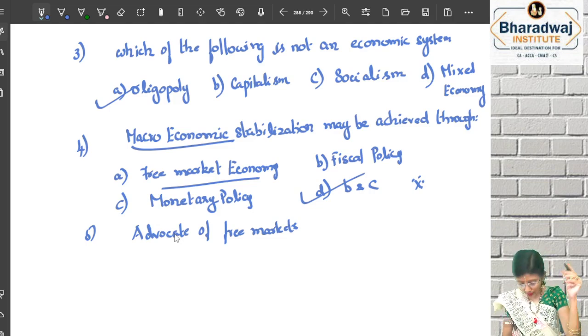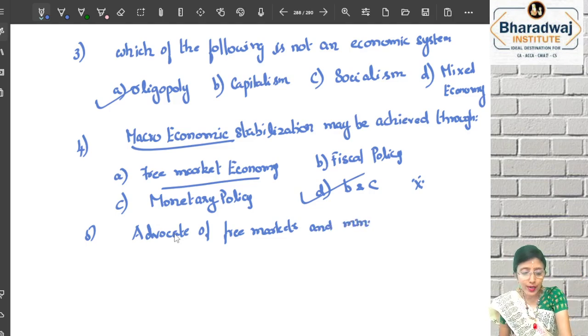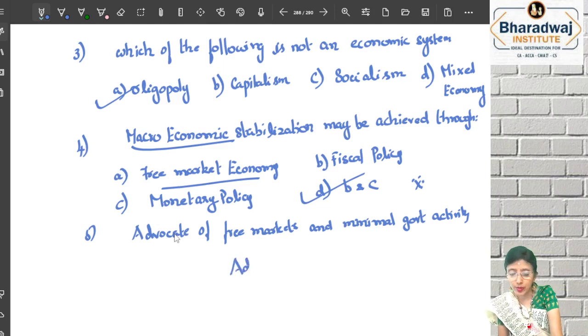No problem. Advocate of free market, and mark this also as a very important question. Minimal government activity. Now, why is this question given to you? Answer is Adam Smith. Usually they say advocate of laissez-faire policy.